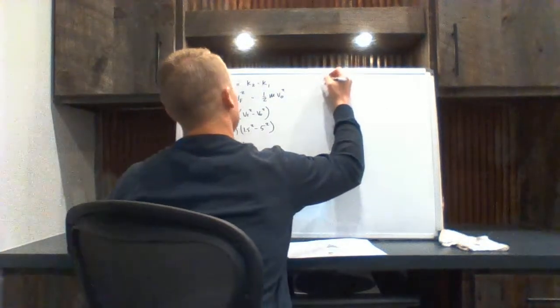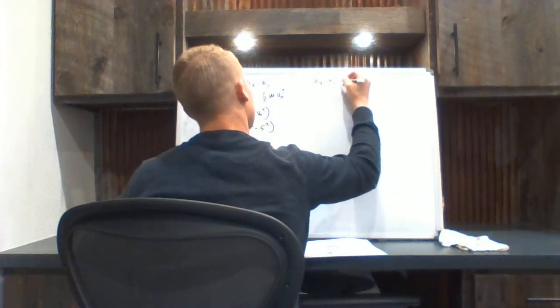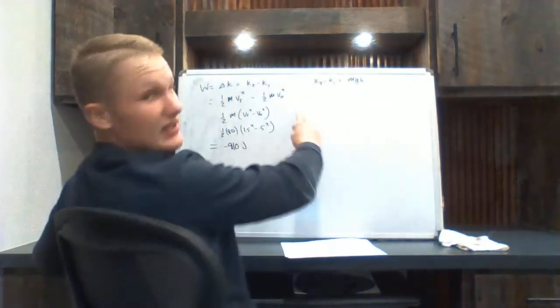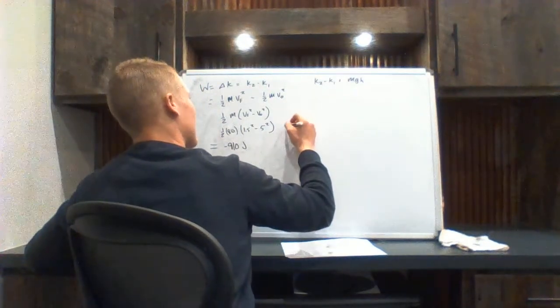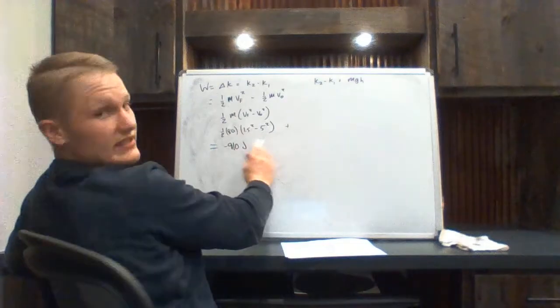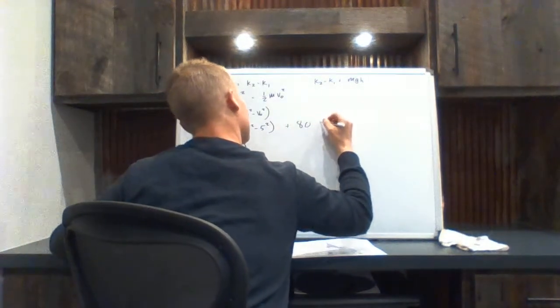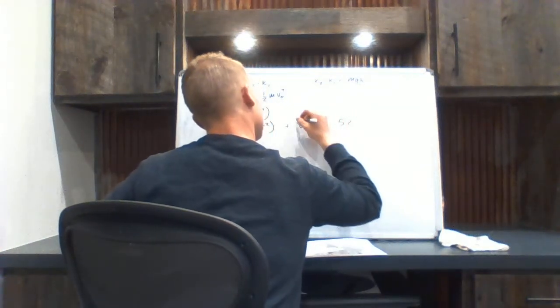So it would be K2 minus K1 plus mgh. Because we've already worked out that equation, we can just take our mgh and add it down to this equation here. So plus 80 times 9.8 times 5.2.